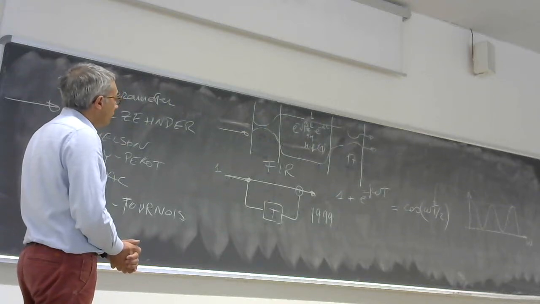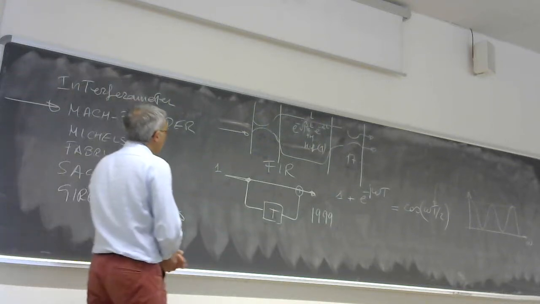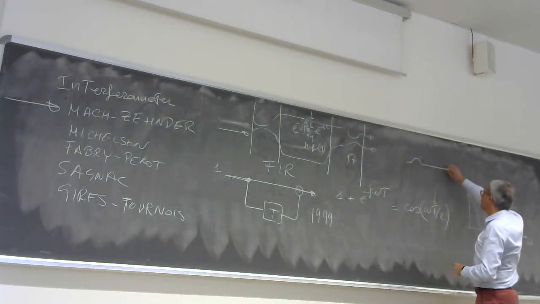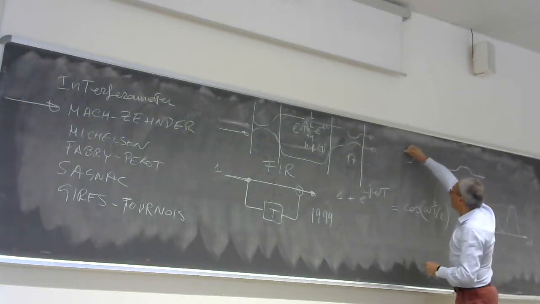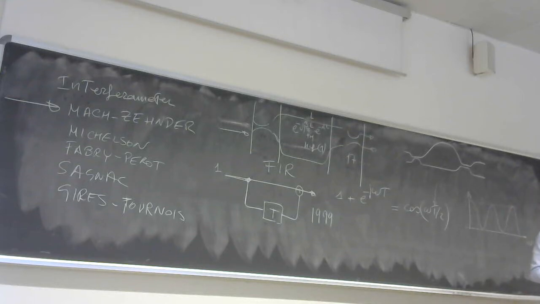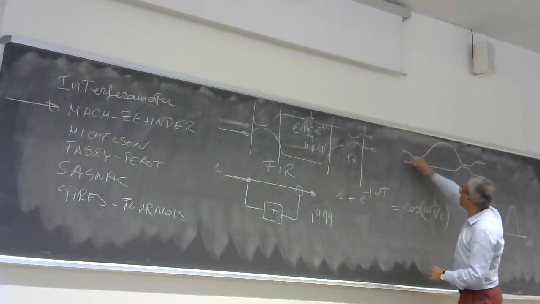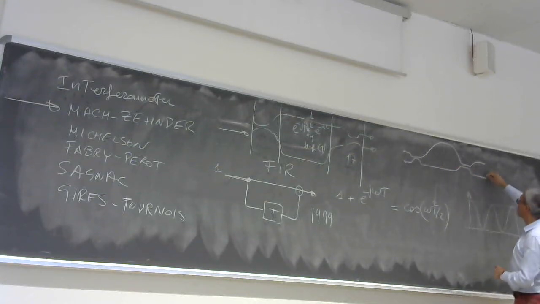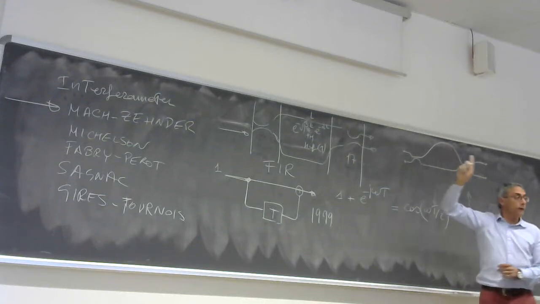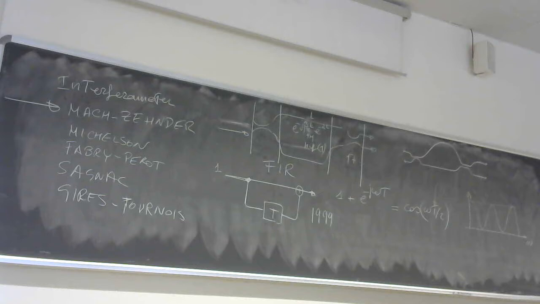So how to calculate the transfer function of this? Maybe I draw it in a better shape. Of this integrated optics circuit: 2 inputs, 2 directional couplers, 2 outputs, a bend, an unbalance here. Just multiplying the matrices.